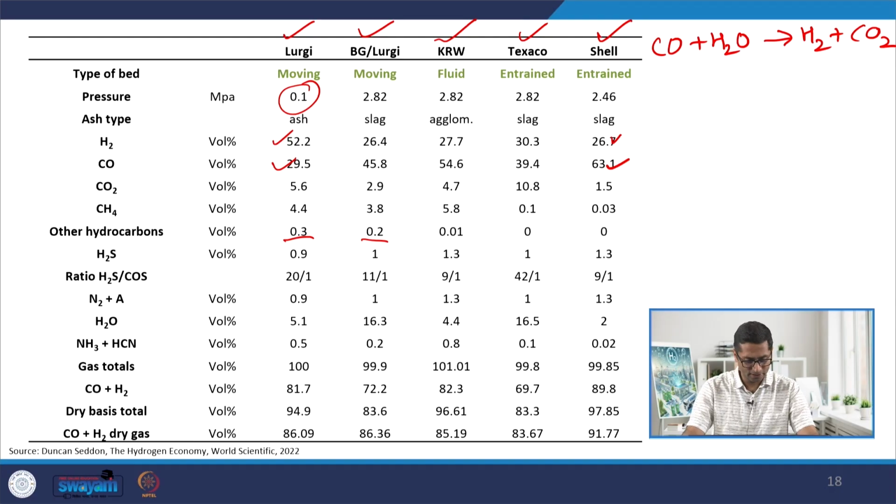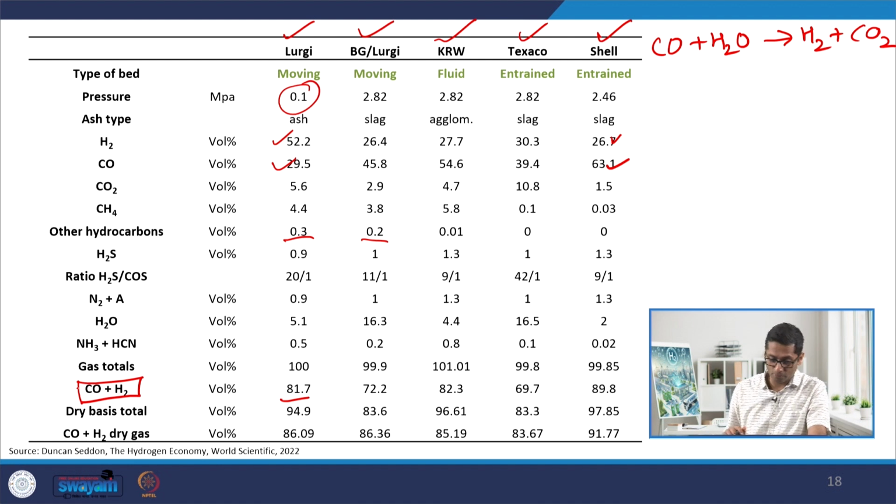Also, in some of these gasifiers the sulfur is going to form carbonyl sulfide, which can be a problem. Further, we need to see the total amount of hydrogen and carbon monoxide that is produced, which is important to us, and you see that the entrained flow gasifiers seem to be leading in that.